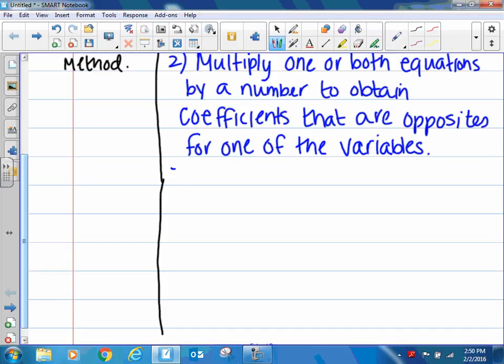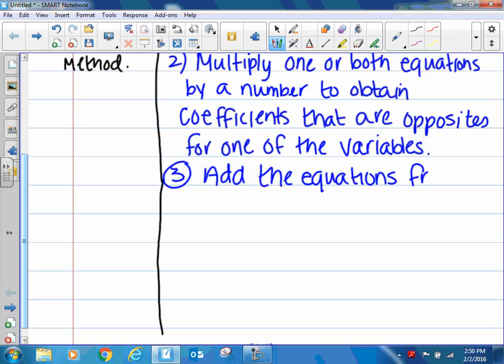Third, we're going to add the equations from step 2, combining like terms.